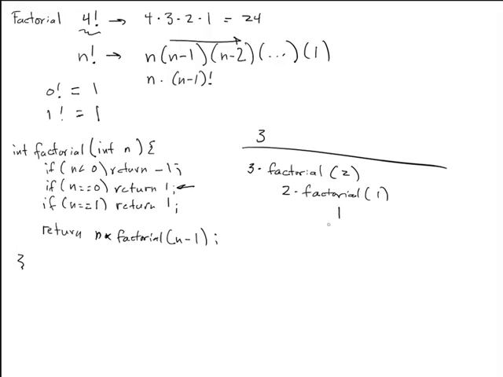So what happens is that this right here gets replaced with 1 as it gets evaluated. And so our return statement returns 2 to this function call right here. And so now we have 3 times 2.